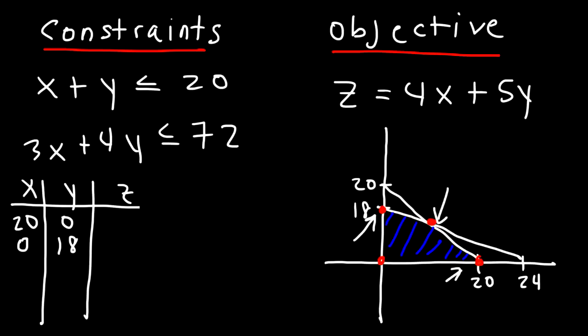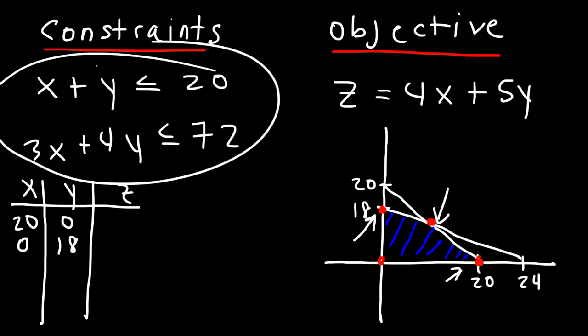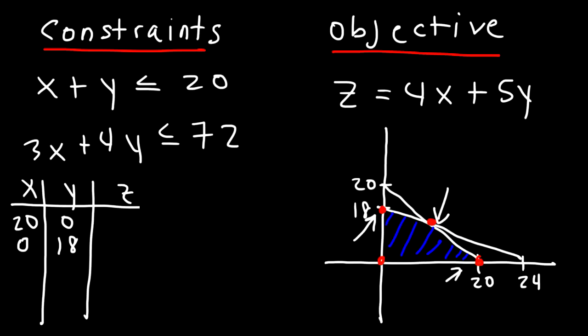Now we need to find this point, and that's where the two inequalities intersect. So what we need to do is solve this using systems of equations. We could use the substitution method or the elimination method. And I'm going to use the elimination method. So I'm going to multiply the first equation by -4. Actually, I'm going to use -3 to get rid of the x values.